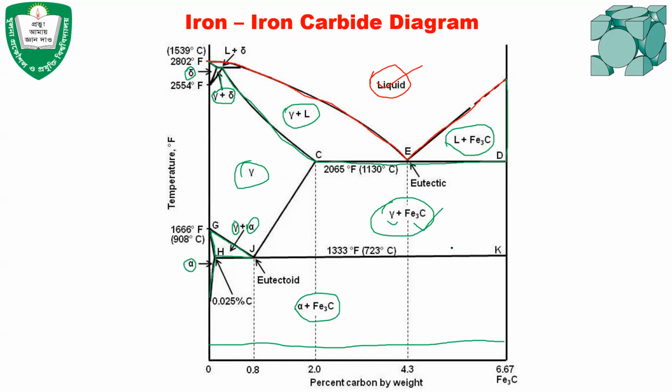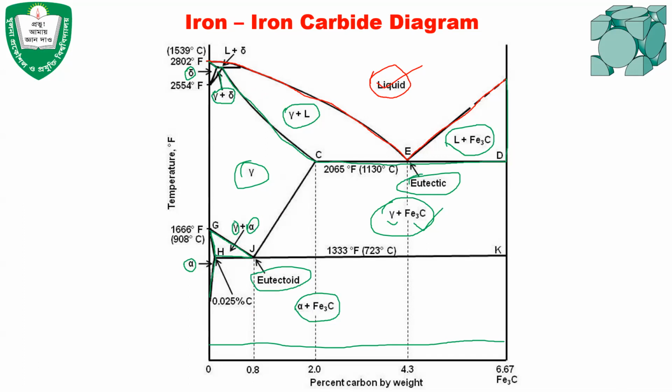So these are the regions, and there are some reactions that take place in these regions. One of them is the eutectic reaction at point E, and at point J there will be a eutectoid reaction. That means one solid will produce two different solids. Any horizontal line in the phase diagram actually indicates a reaction.